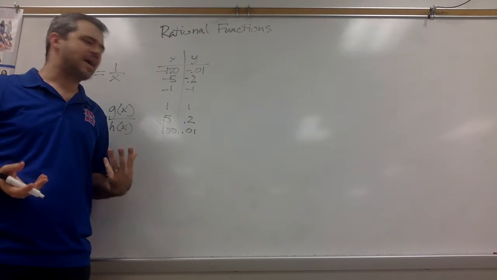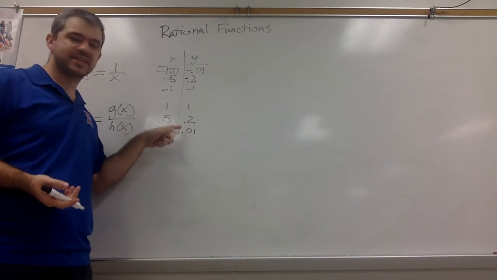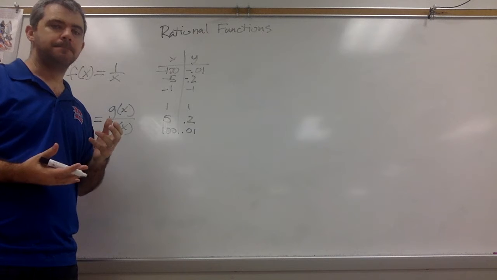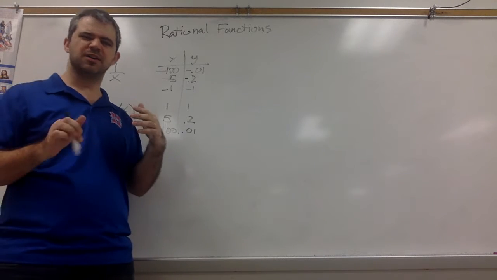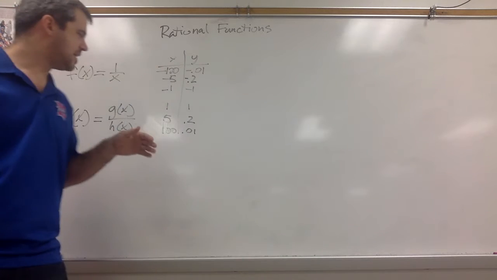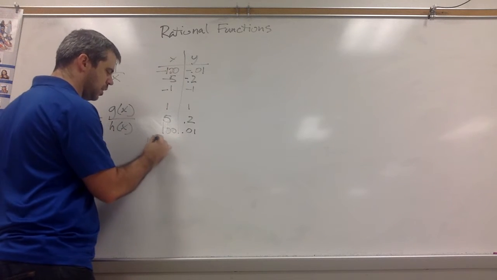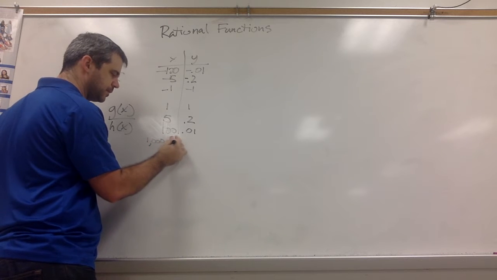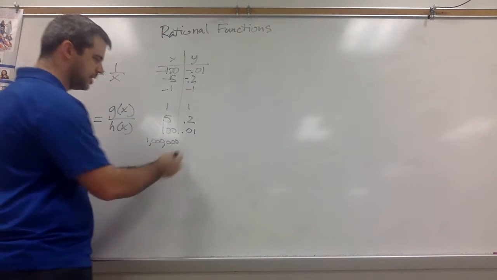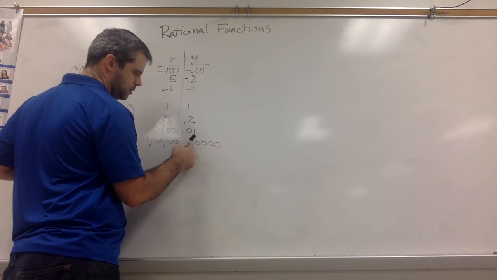So let's talk about what's happening here. As x is getting bigger, y is getting smaller, but not like it's going down, down, down. It's leveling off. If I did 1 million here, we would get 1/1,000,000th.